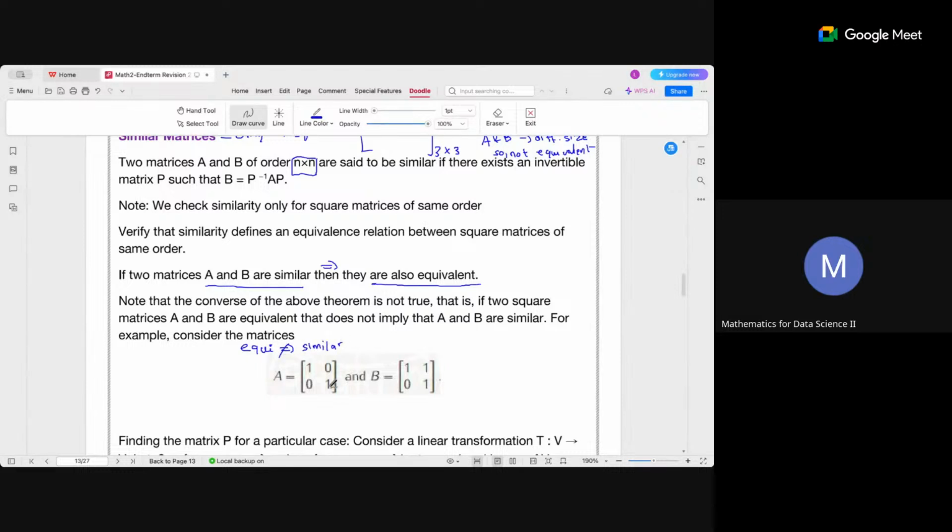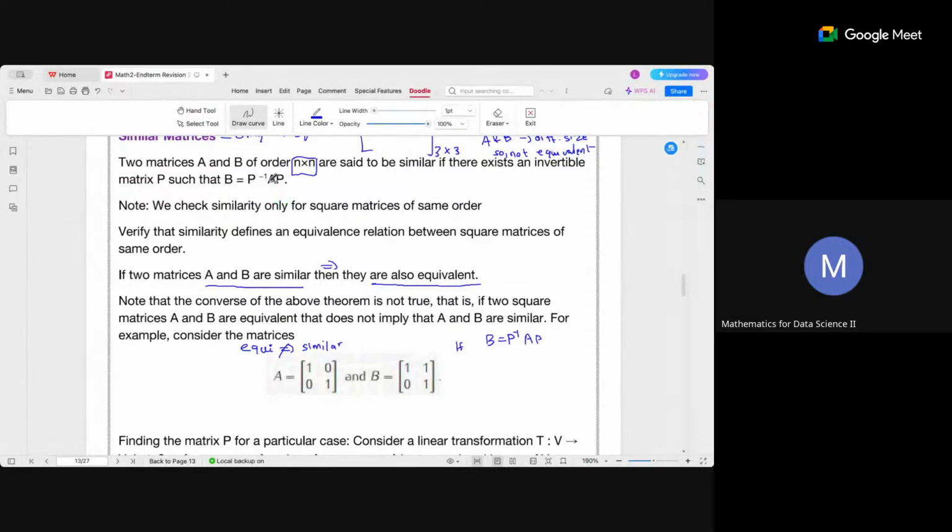Here is an example. These two are not similar. Why are they not similar? What does it mean for A and B to be similar? B is equal to P inverse AP.